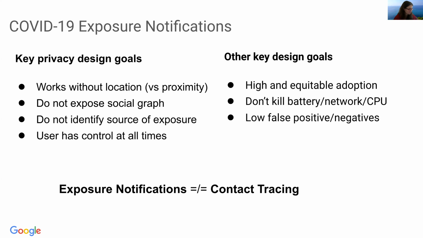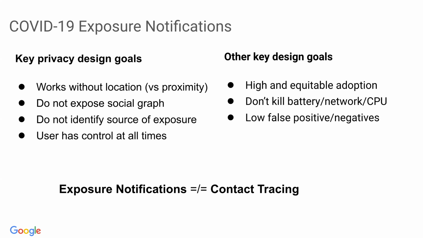One of the requirements that follows from that is that we know from our data that adoption is extremely sensitive to the use of device resources, and especially battery and network usage.